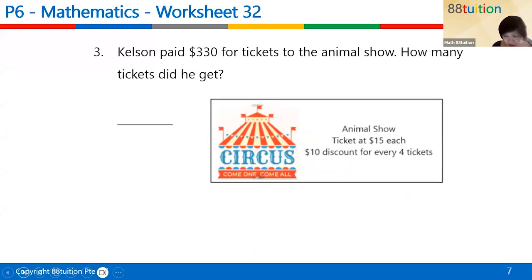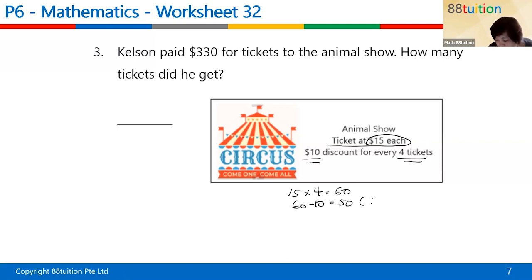Question number 3. Kelson paid 330 for tickets for the animal show, and how many tickets will he get? Okay, you know the ticket is at $15, and there's a $10 discount for every 4. So 15 times 4, you get 60, but you save $10, which is 50. So technically 4 tickets, you need to pay only $50.